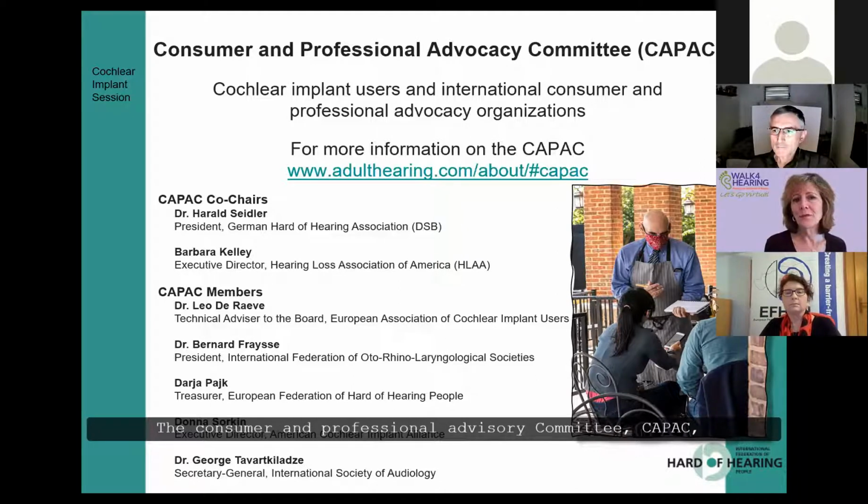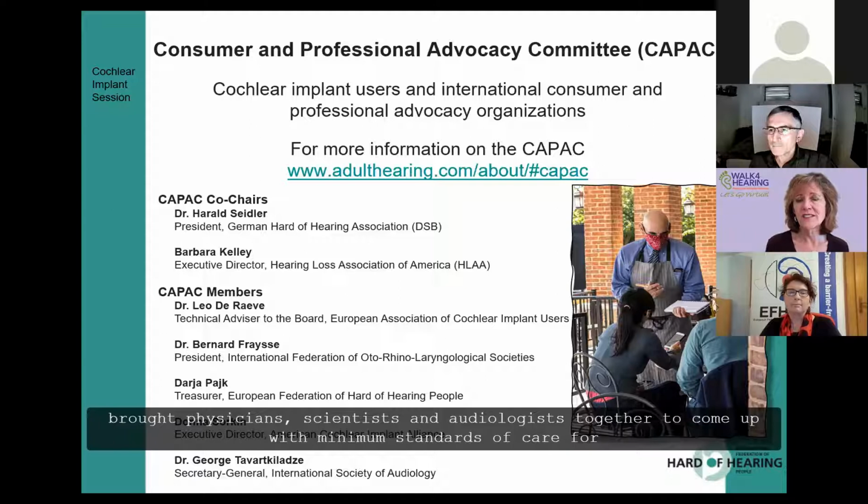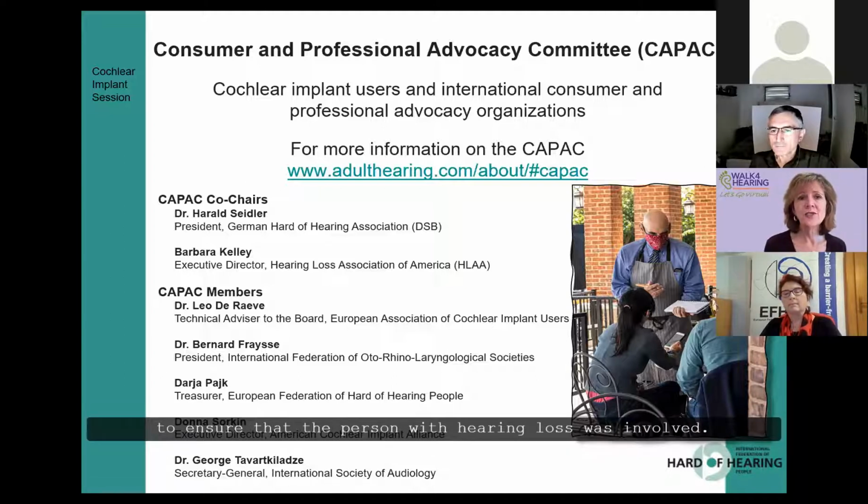The Consumer and Professional Advisory Committee, or CAPAC, was formed to be involved in the Delphi consensus process, which is the study that brought physicians, scientists, and audiologists together to come up with minimum standards of care for cochlear implants. The CAPAC was part of this process to ensure that the person with hearing loss was involved.